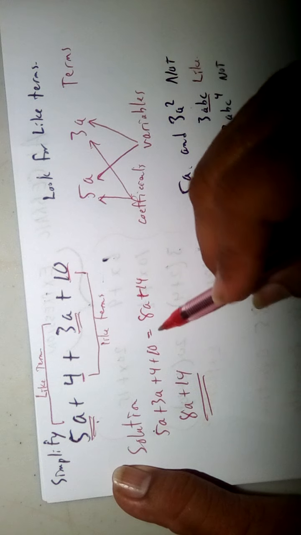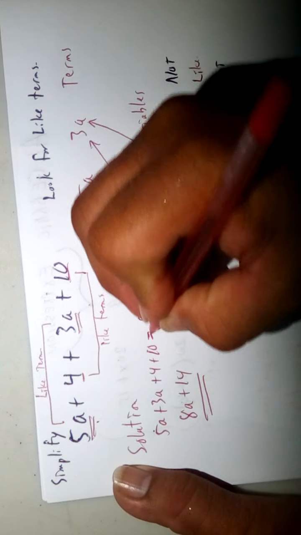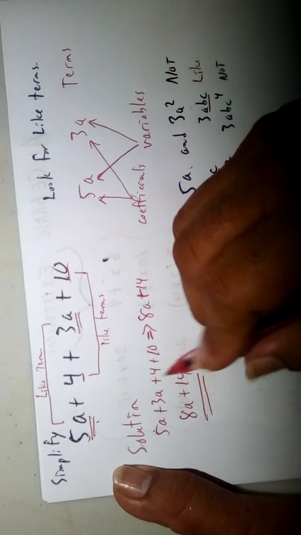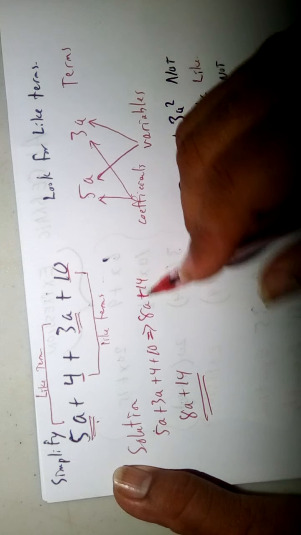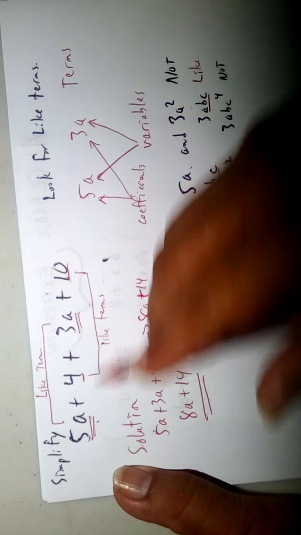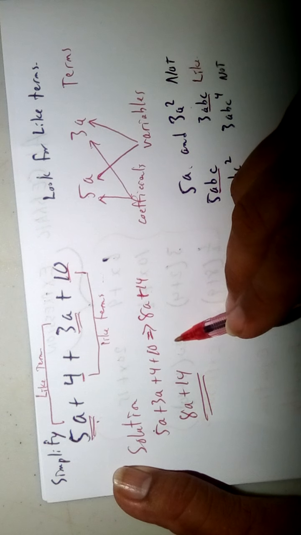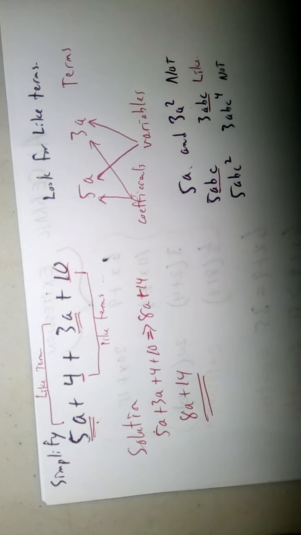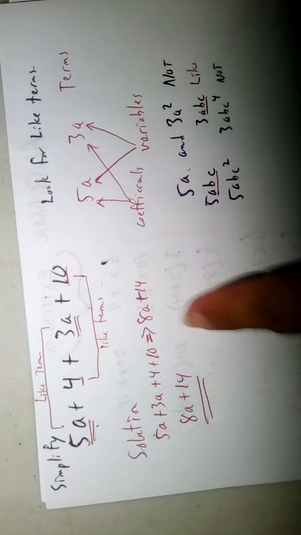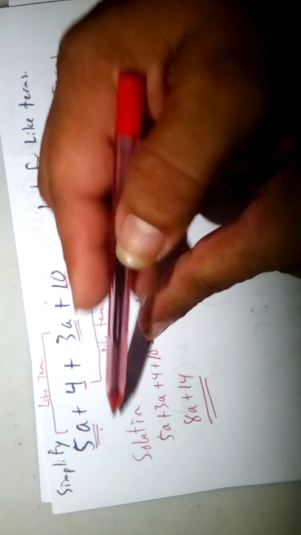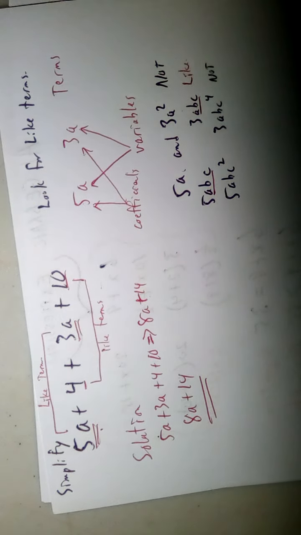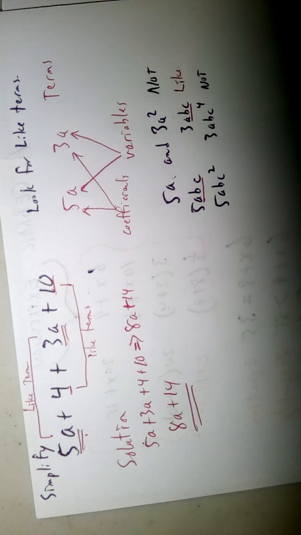Yes, this would make an equation, but remember, this is only for us to state that this is what I did, that's my first step, and this is my solution. I have only simplified the algebraic expression. I have not found the solution to the algebraic expression. So for these ones, I don't want the answer on this side, I want the answer below, because you are simplifying, you're not finding the solution to the expression.